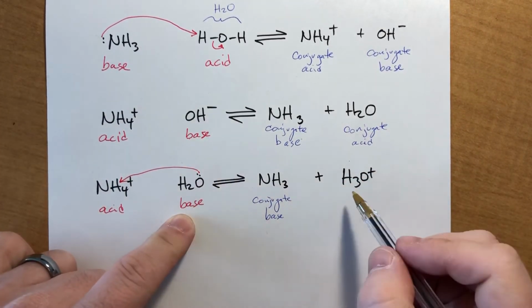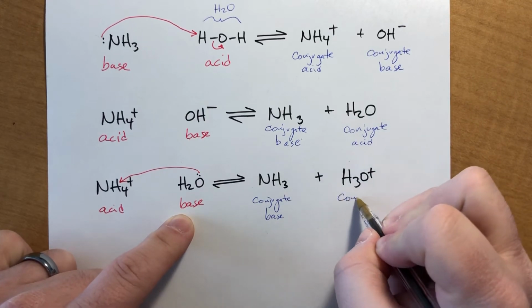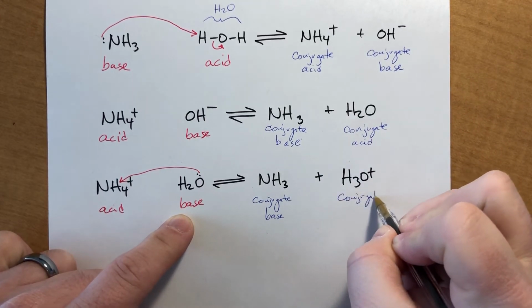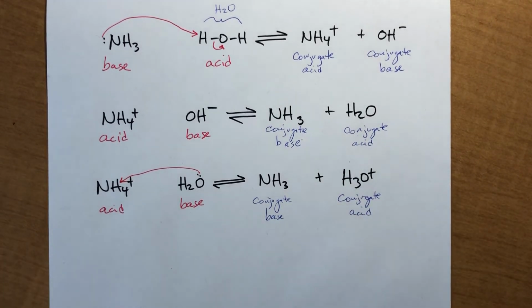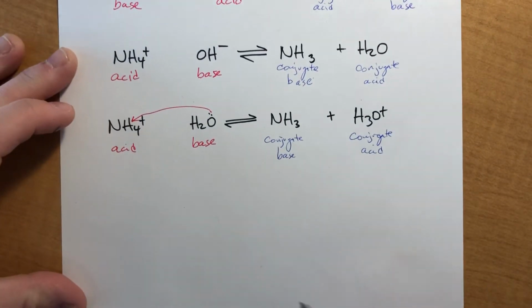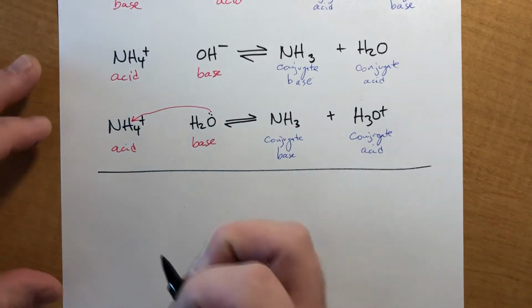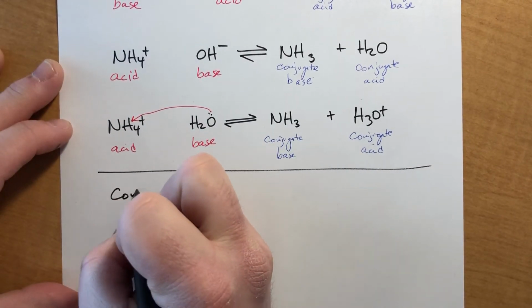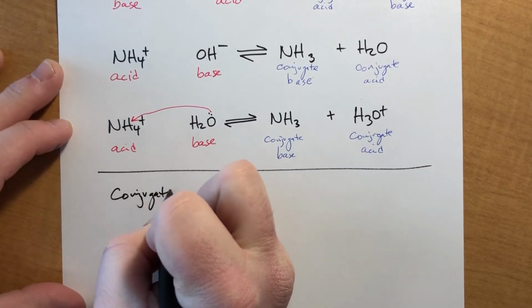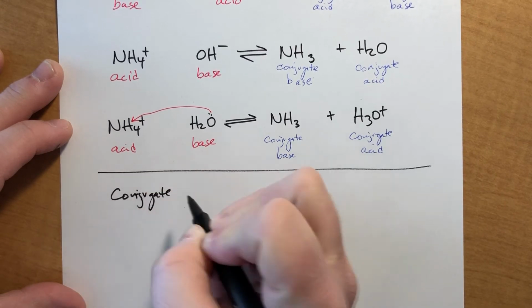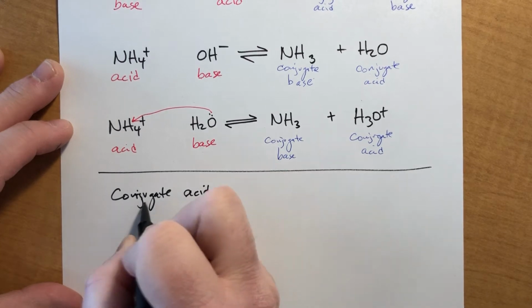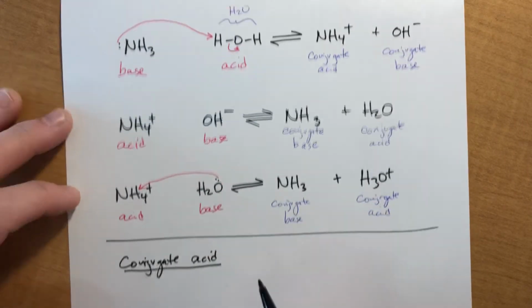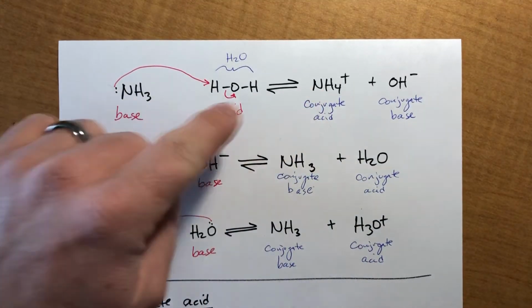And because this was a base and it gained a proton, it is now the conjugate acid. Okay, so let me try to define a few of these things here. The conjugate acid is essentially whatever was your base on the left side after it steals a proton.